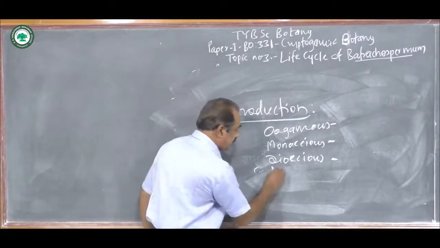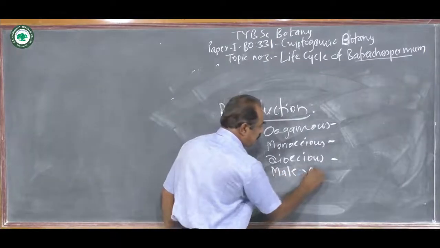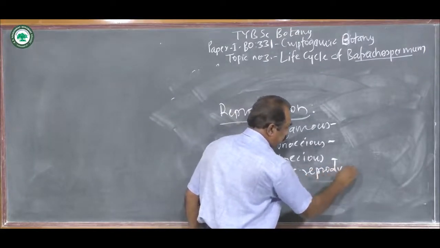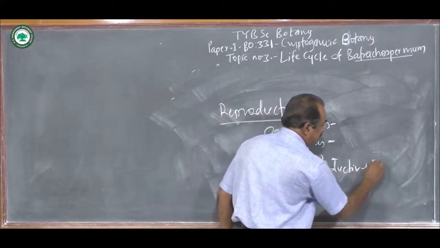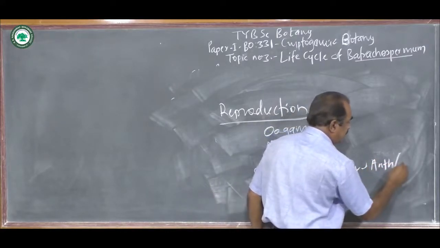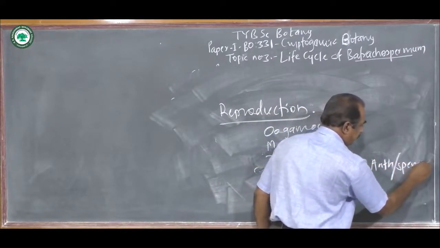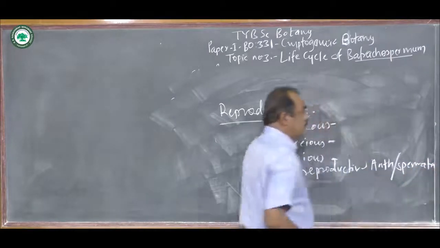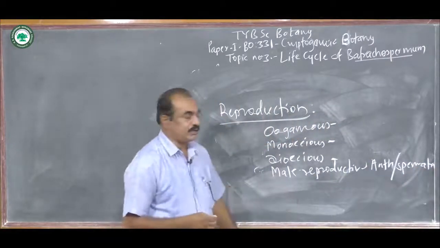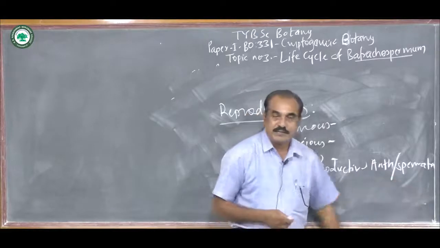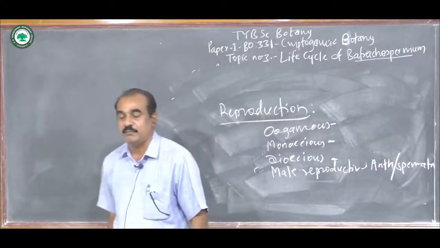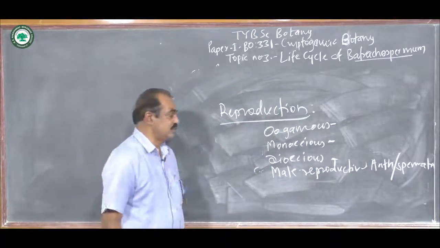Here the male reproductive structure is called the antheridium, or it is also called the spermatangia, in which there is a single naked mass of male cell, which is called the spermatia.